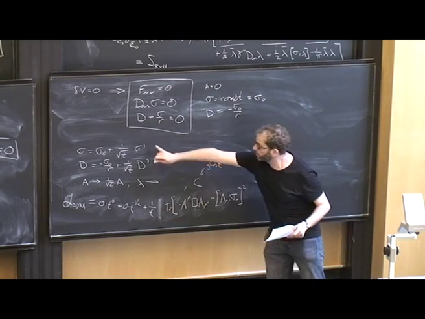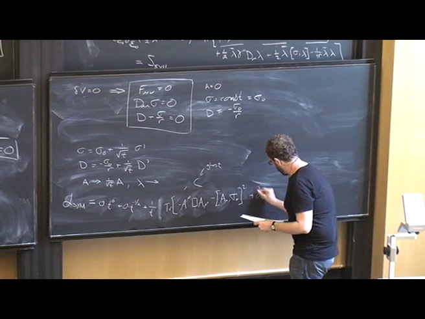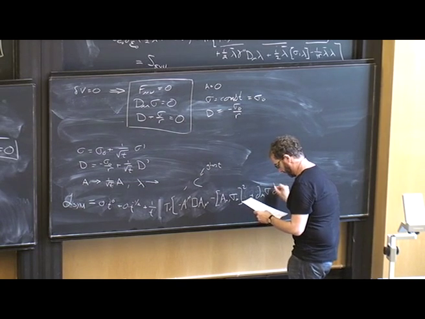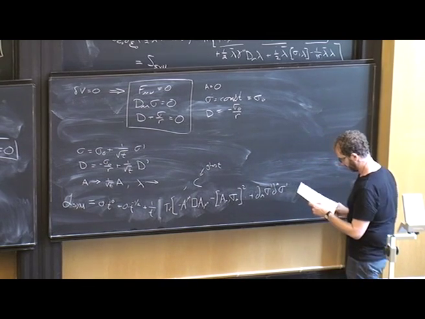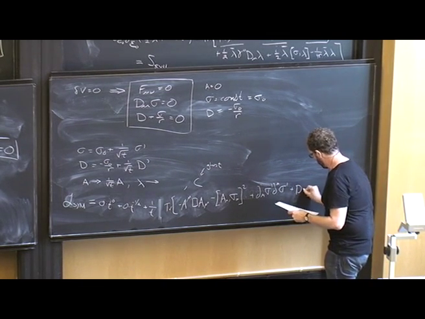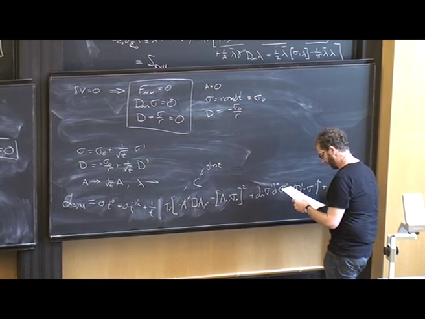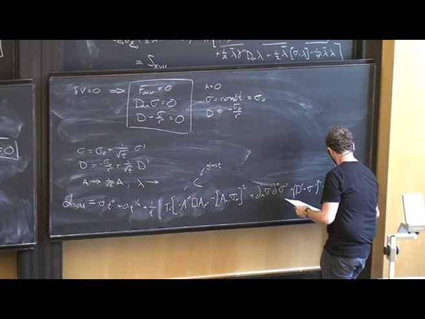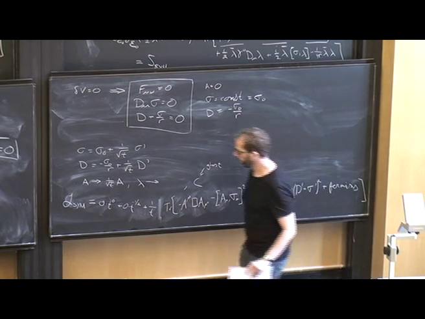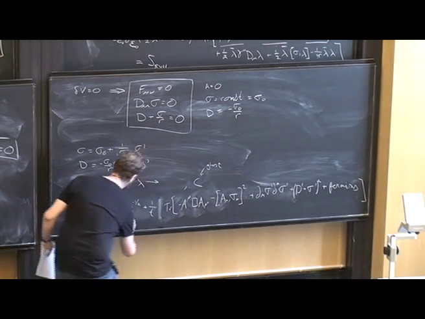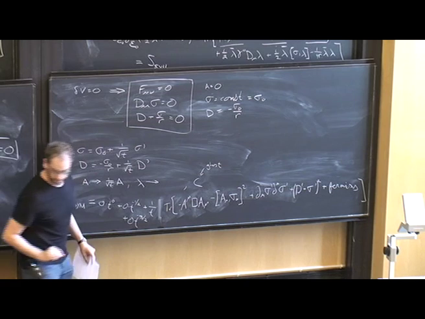If I take here the fluctuation of sigma, it will be again smaller order, except for the D mu sigma prime. And then there's going to be plus D plus sigma prime squared plus fermions, plus order of t to the minus 3/2.